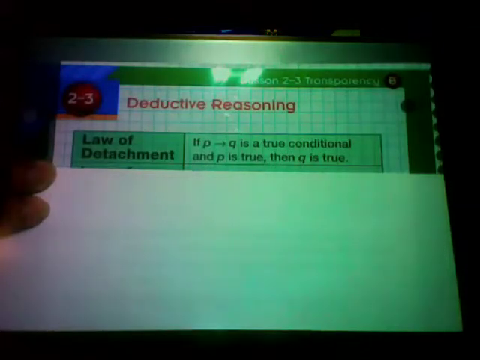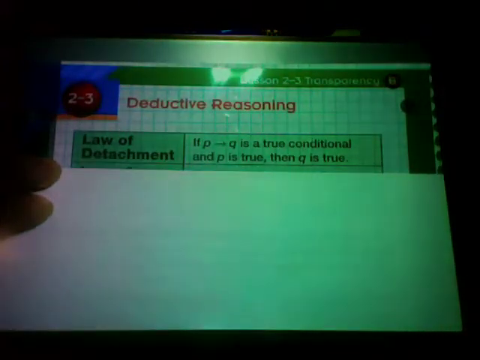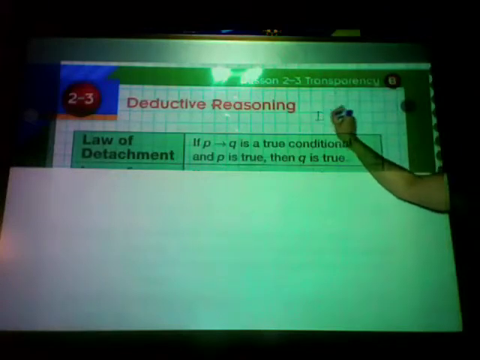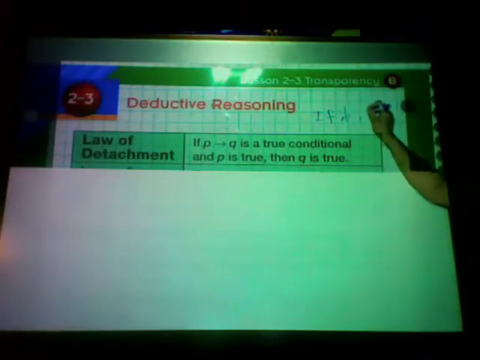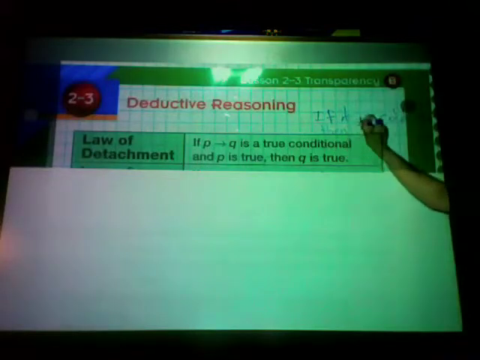So I'm going to give you a little example of what that looks like. You might see something like this. If it is cold outside, then I will wear a coat.